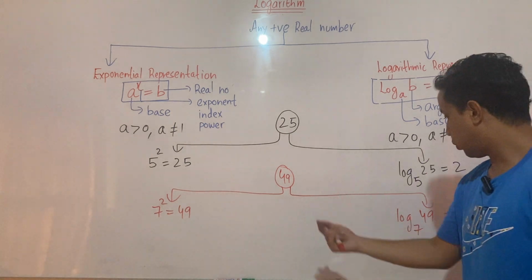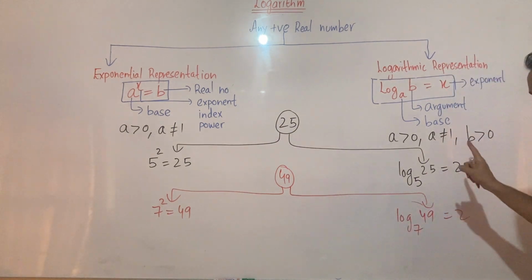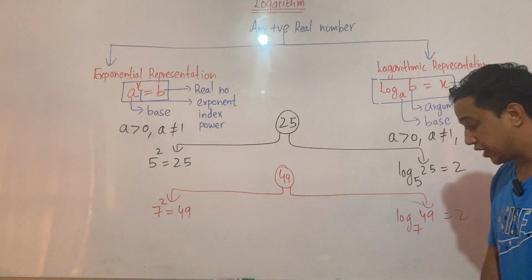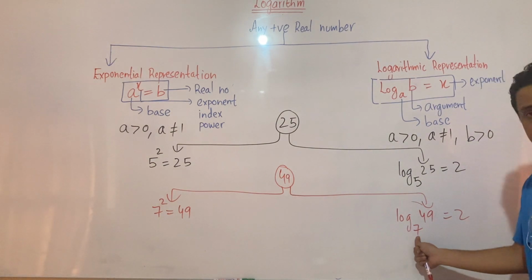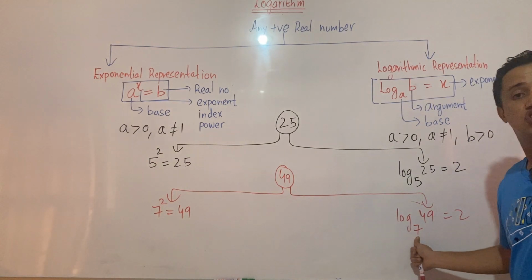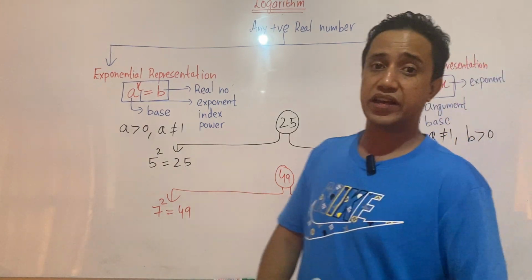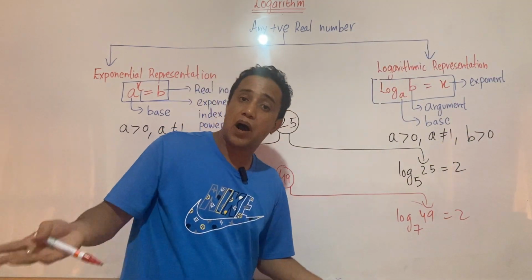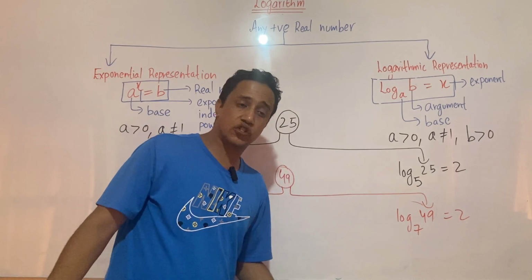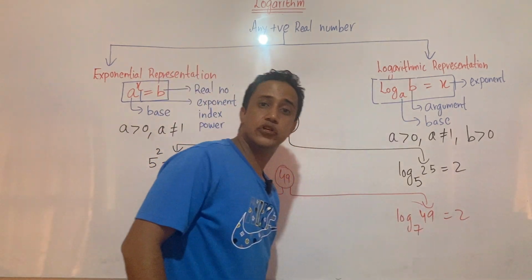It means to what exponent or power 7 must be raised so that your answer is 49. You have to raise base 7 to the power 2, so the answer is 2.